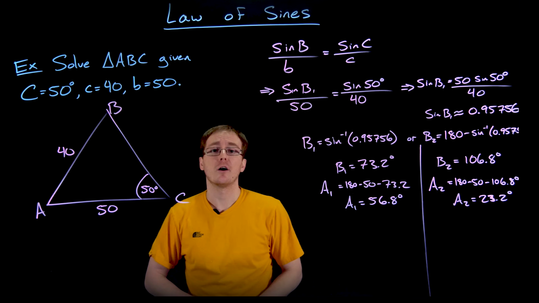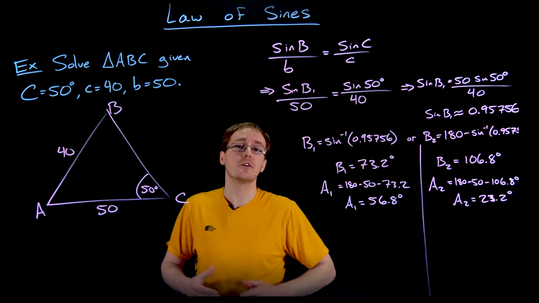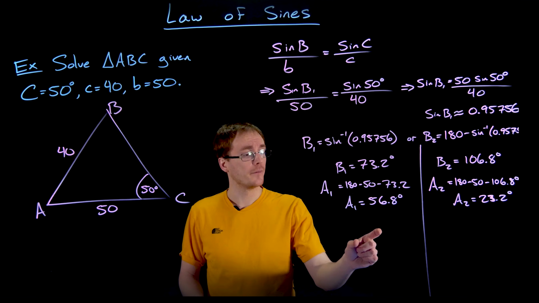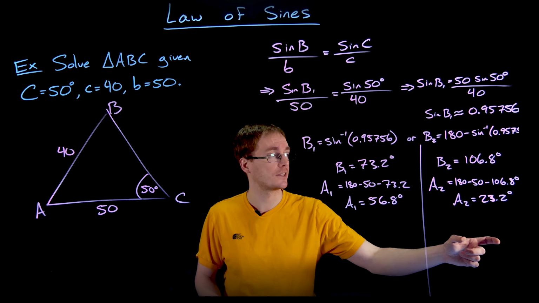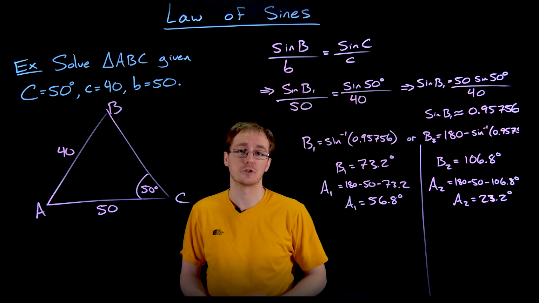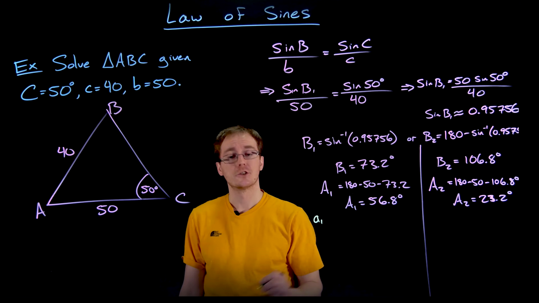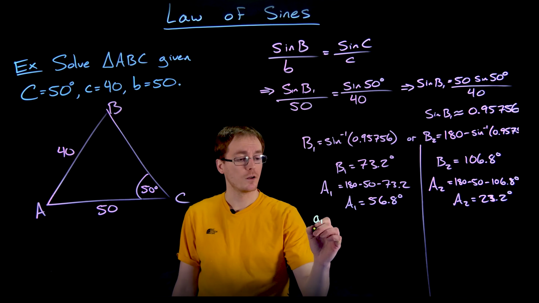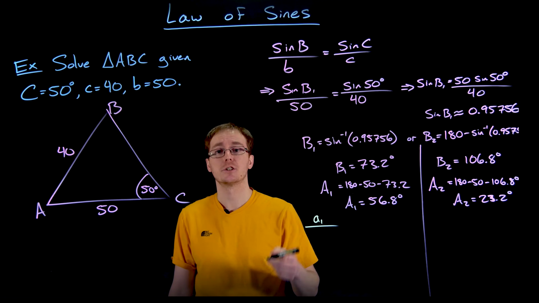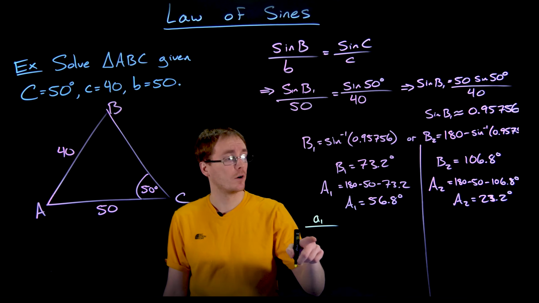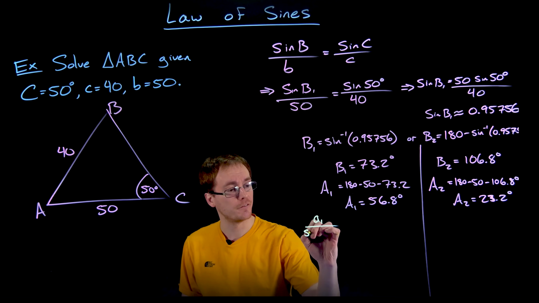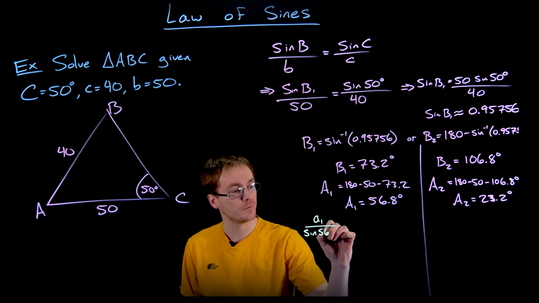So now to finish this problem off, we have to find side length little a1 and little a2, that missing side length for our first possible triangle, as well as that missing side length for our second possible triangle. If we want to find side length little a1, we're going to have to use the law of sines with the version of little a1 in the numerator. Then we're going to need sine of capital A1 in the denominator, or sine of 56.8 degrees.